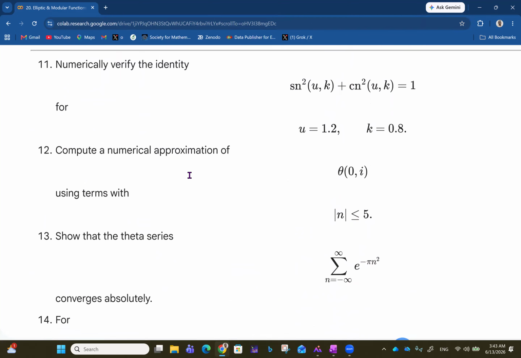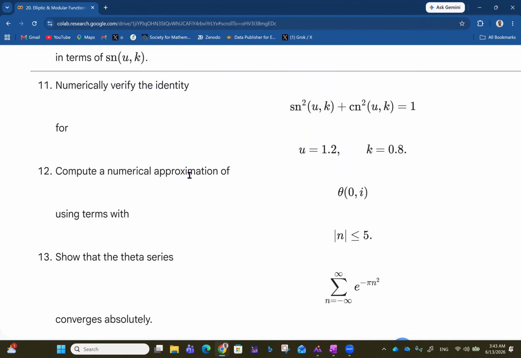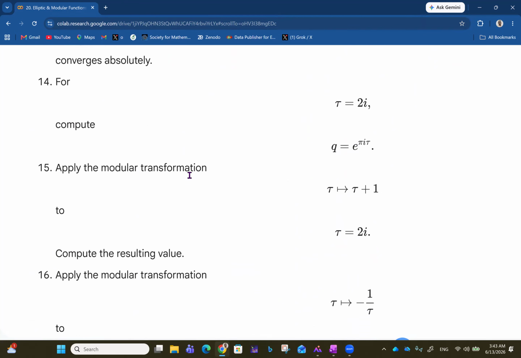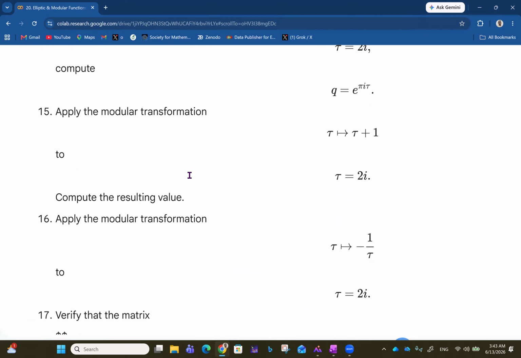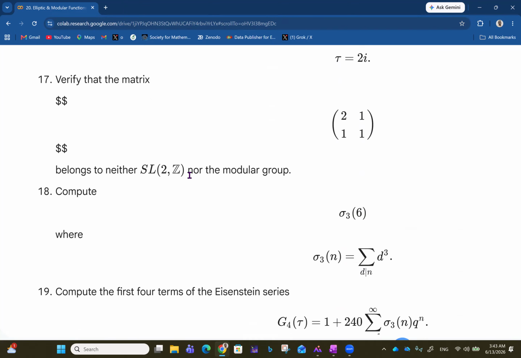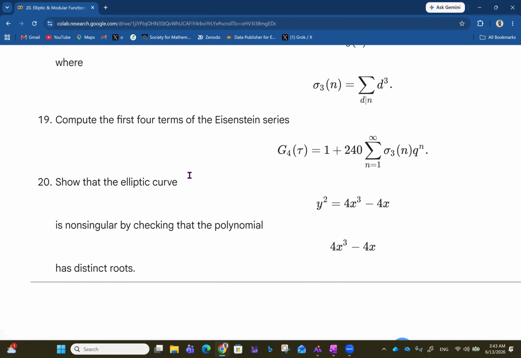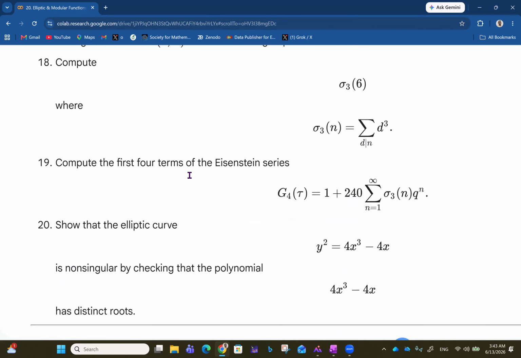Then 11 to 13, you can see all of that. Then you have 14 to 16, all showing here. Then 17 to 19. Then 20 now.